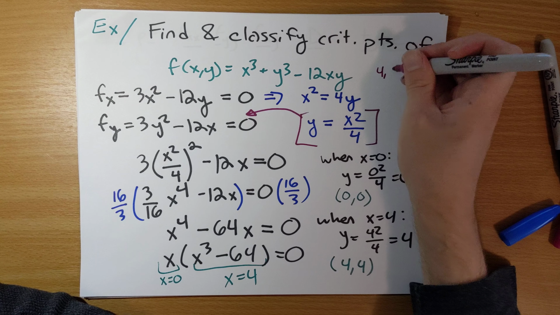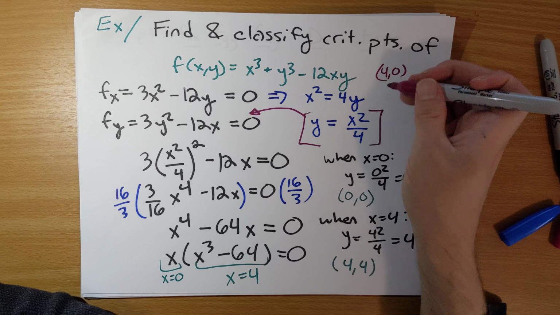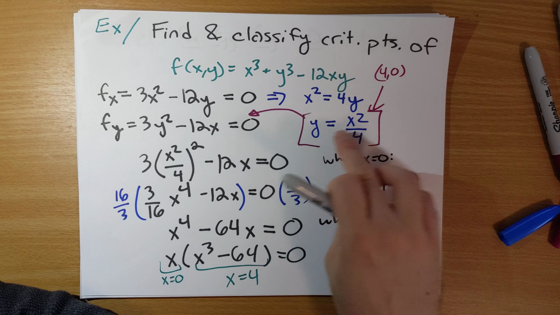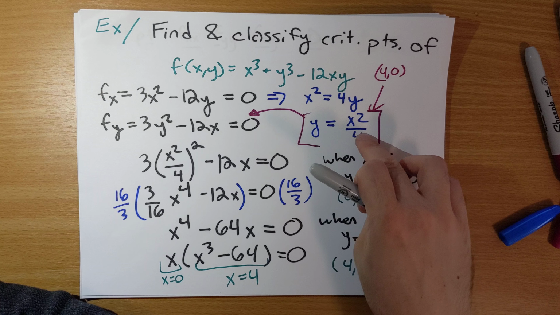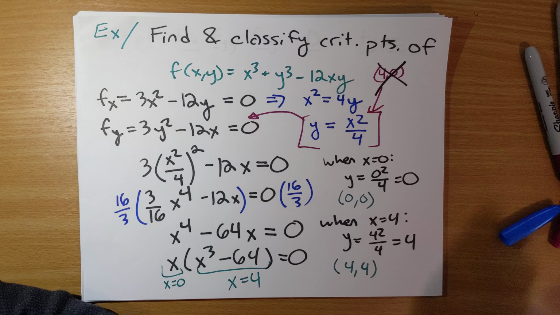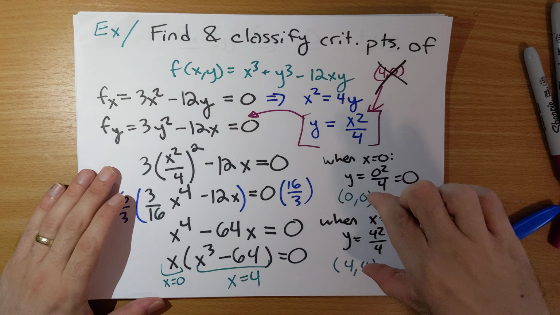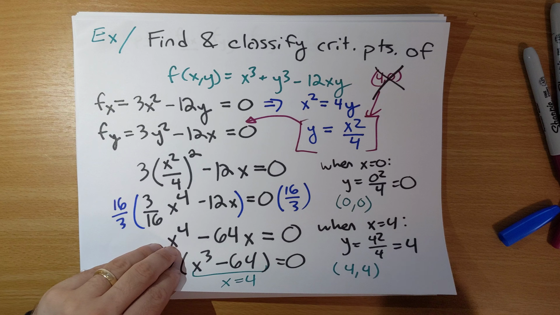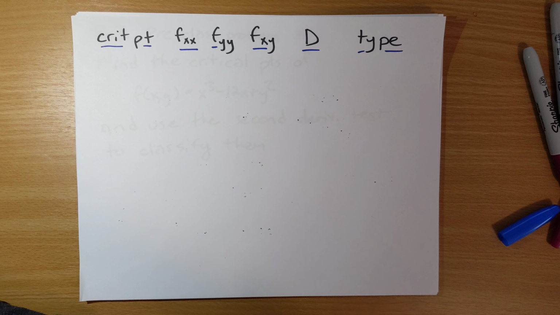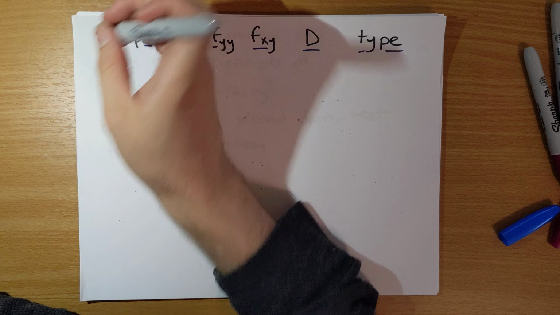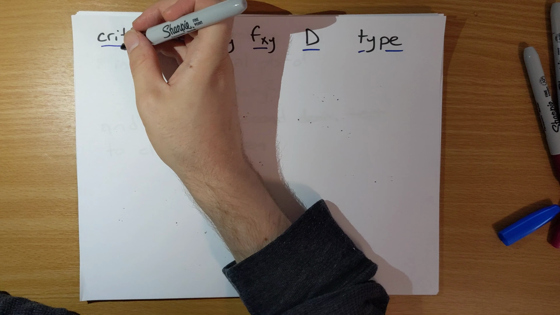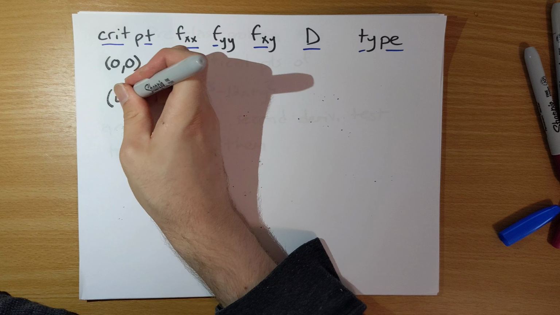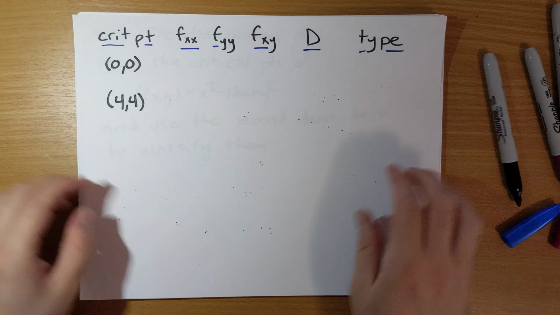But if you do (4, 0), for instance, that does not satisfy this equation here. 0 would equal 4 squared over 4. That doesn't work, so that's not a critical point. So these are our only 2 critical points. So once again, let's make our list here. We found 2 critical points, (0, 0) and (4, 4).